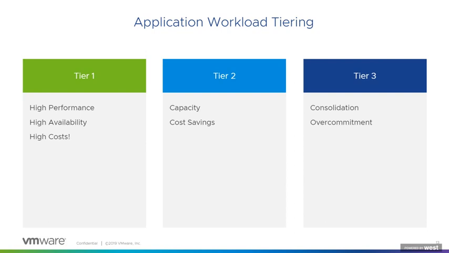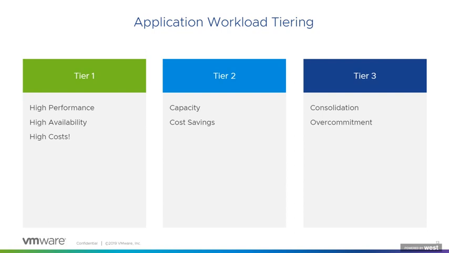And tier 1 SQL Server workload, which is where you would expect to have high performance, high availability, that would probably dictate higher cost associated with that tier, because we want to ensure that best performance will be available for that SQL Server instances and databases.